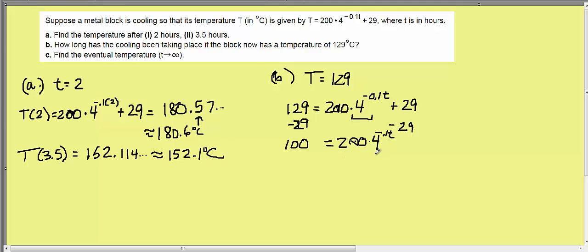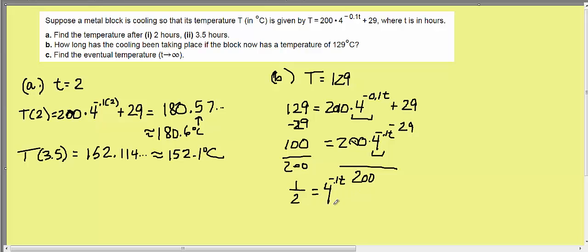I take a look at my equation. I have 4 raised to the negative 0.1 t that I need by itself. So that means I'm dividing by 200. So I have 1/2 is equal to 4 to the negative 0.1 t.